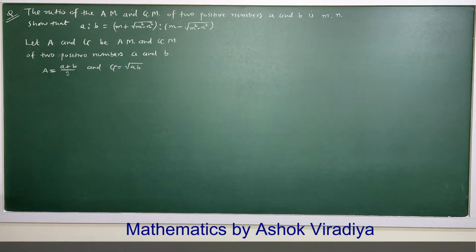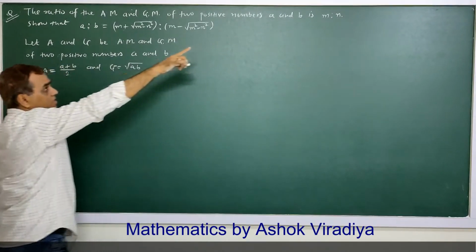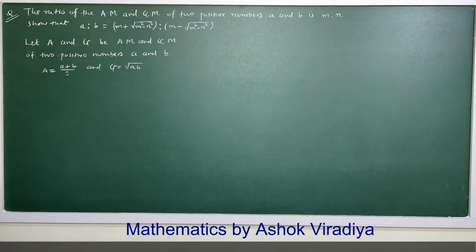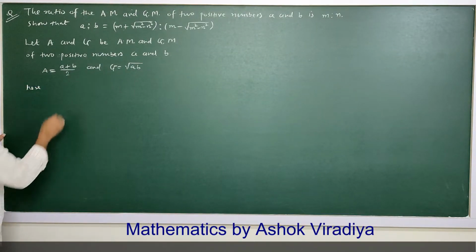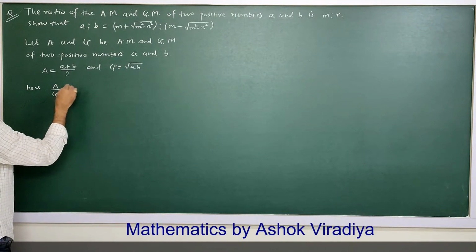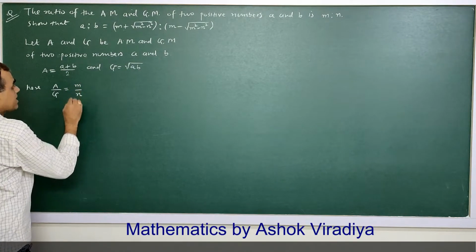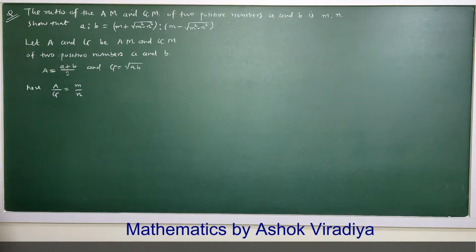Now given that the ratio of AM and GM is m is to n, so here given that the ratio of A and G is m is to n, so m by n, that is given.